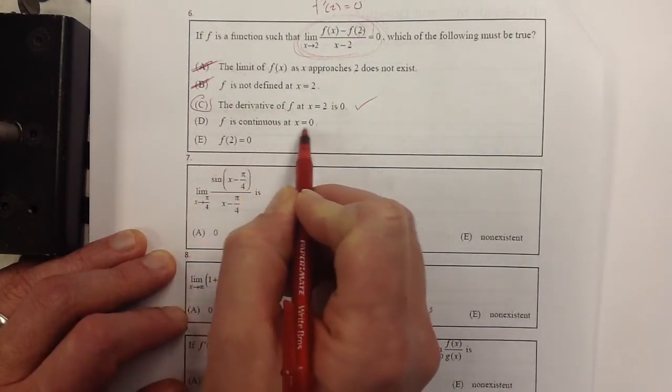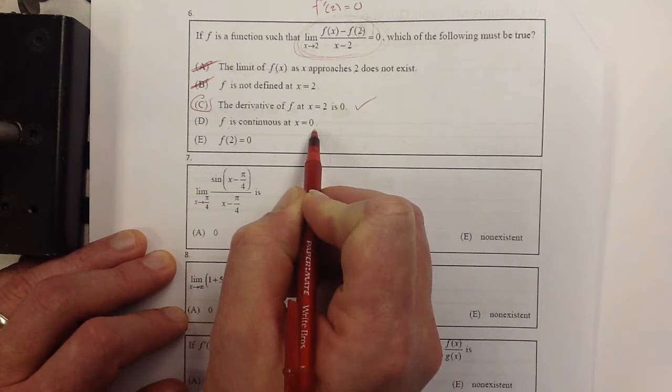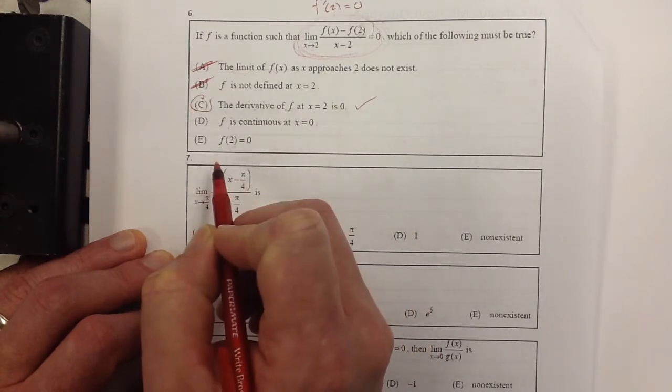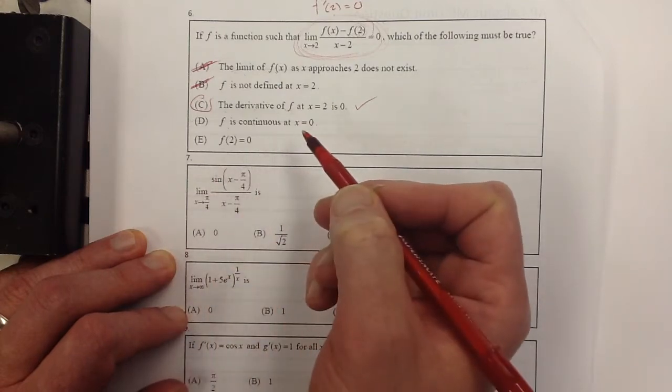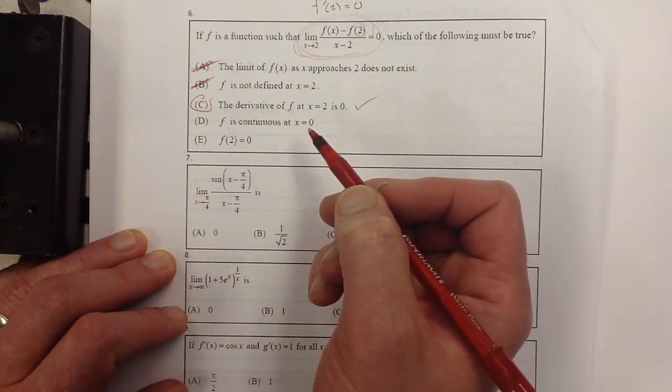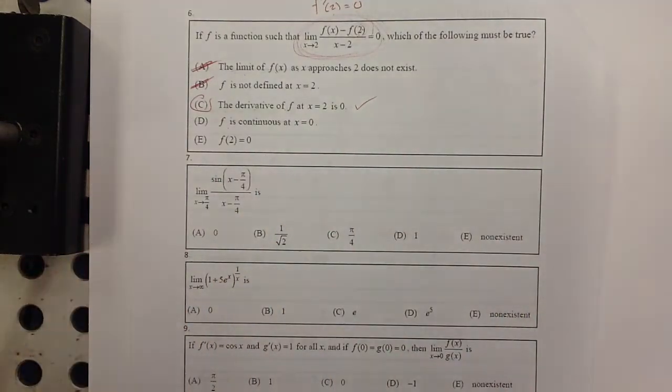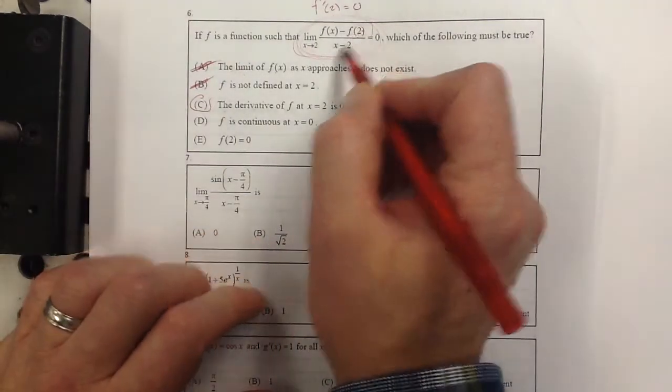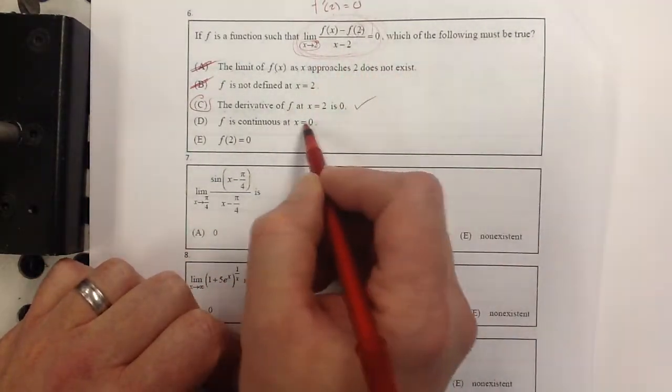F is continuous at x equals 0. Interesting. I want that to be true too. Oh, sorry, this is about the point at x equals 2. I got thrown off.